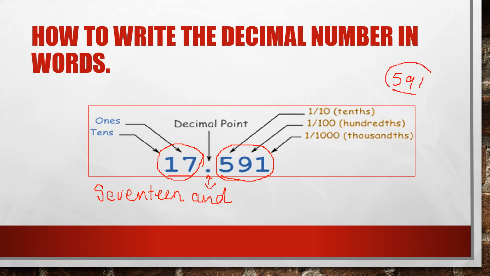So how will you write it in English, in words? It is simple. The way you used to write the number name in class 5, we are going to write it again in a similar manner. So it is 591.